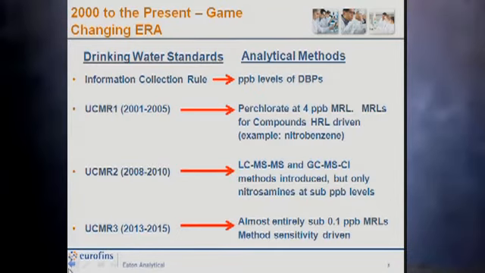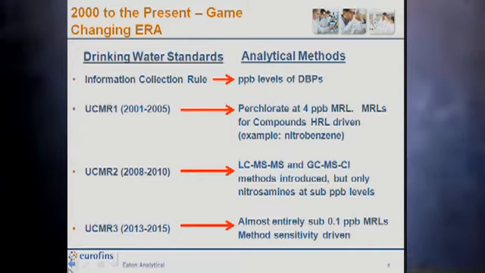The best example for that for UCMR 1 is nitrobenzene, which was included in the VOC method 524.2, but had a reporting level, if you were lucky, of about 8 parts per billion. And EPA had some health effects data saying that, gee, we really should be concerned with levels down in the ppb or sub-ppb range.